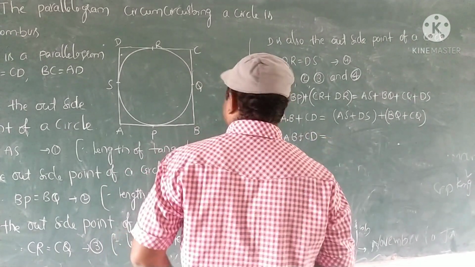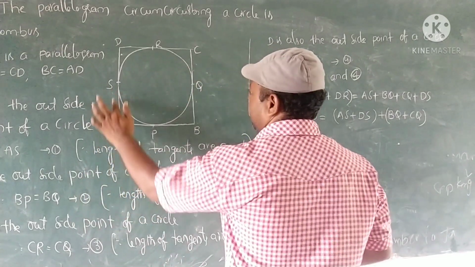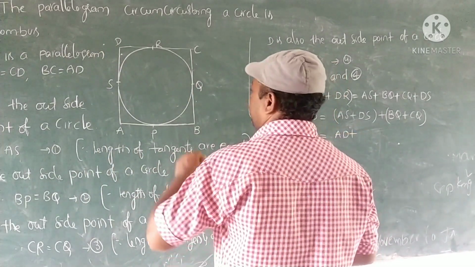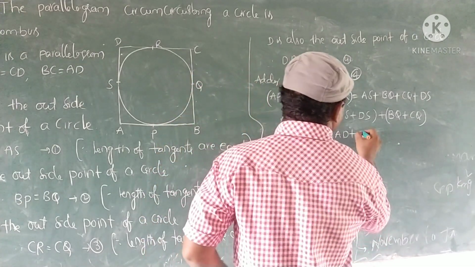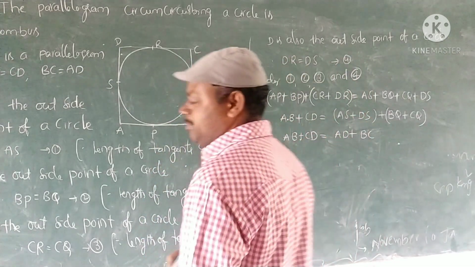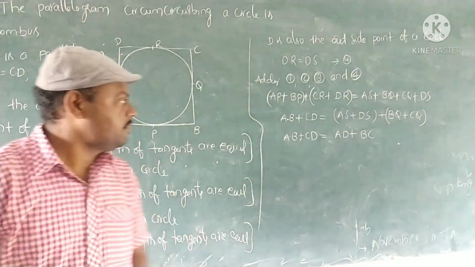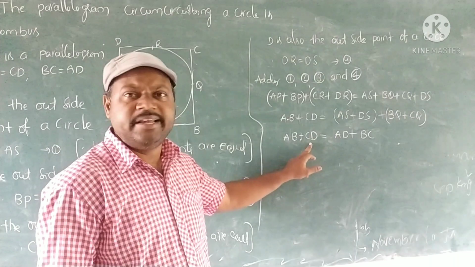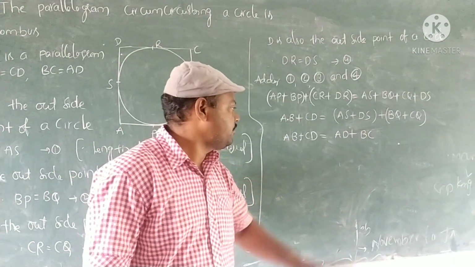AS plus DS means AD, and BQ plus CQ means BC. So observe the result: AB plus CD equals AD plus BC.